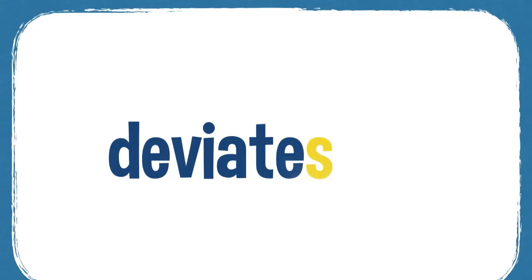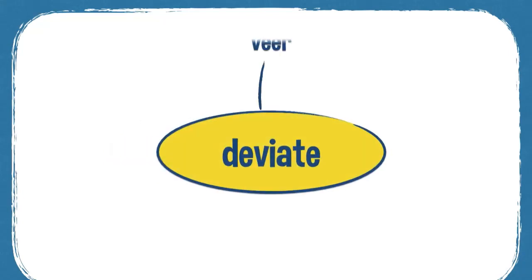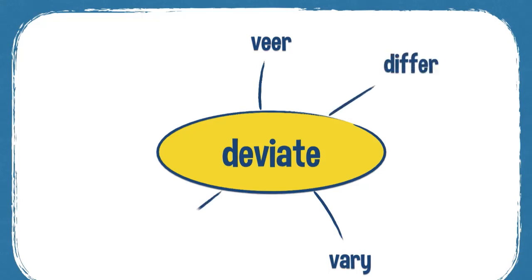And it's a verb as well, so deviates, deviating, deviated. And the noun is a deviation. And some synonyms: veer, vary, differ, diverge, depart.